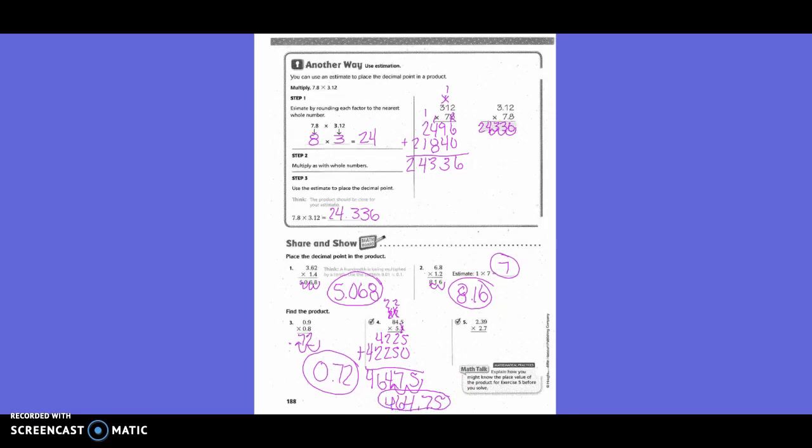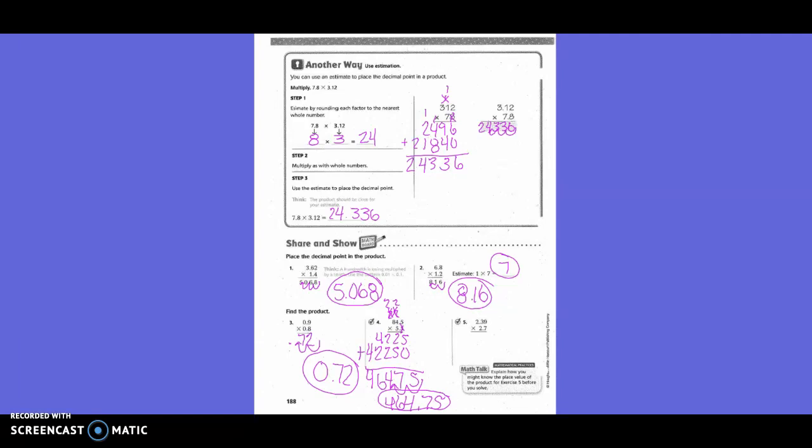Okay, let's go ahead and work number 5. Now, basically, we pretend like we don't see any decimals yet, right? We only deal with the decimals once we completely work the whole problem, okay? So I would pretend to cover up the 2, okay?